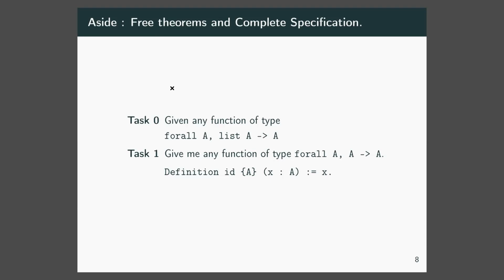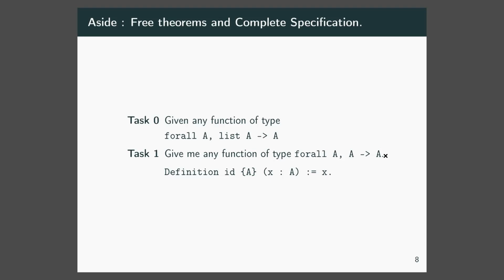The game you play there is you give a type and ask a person to write any function of that type. Assuming that your programming language does not have bottoms, or infinite loops, if you write a polymorphic function a to a, there is no way to write it other than identity. There are other forms of such free theorem functions.